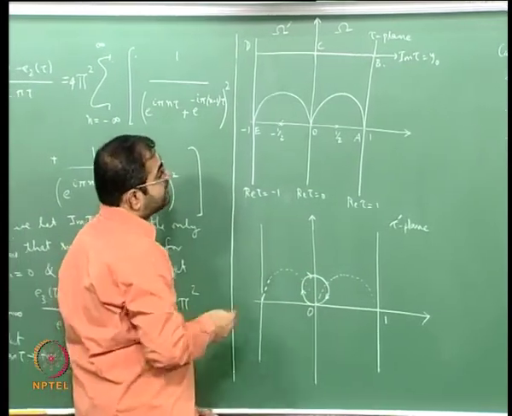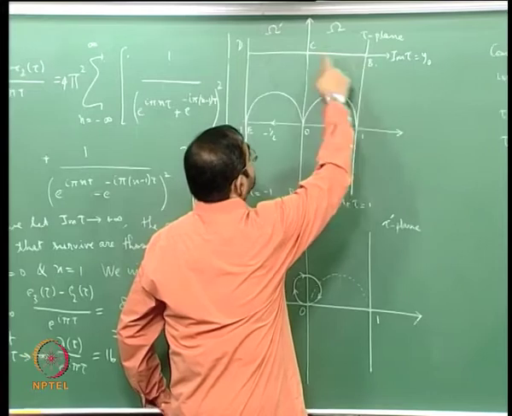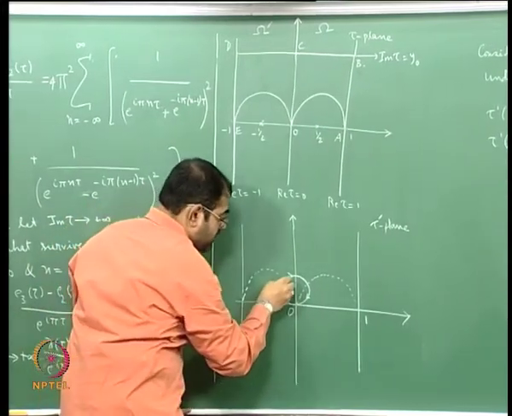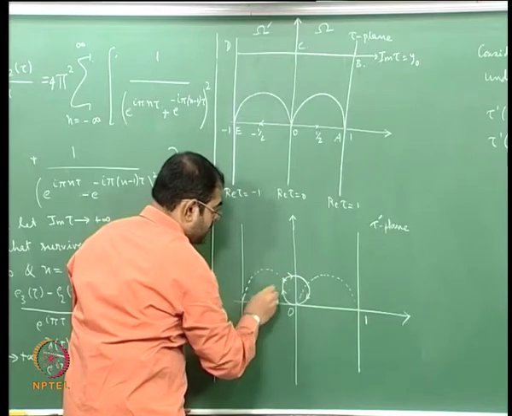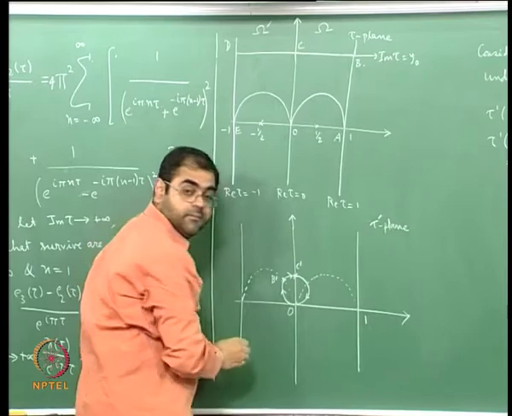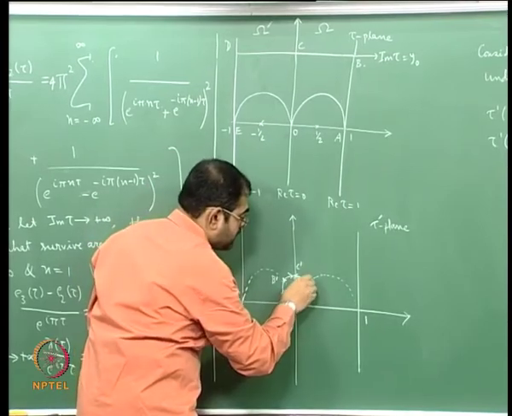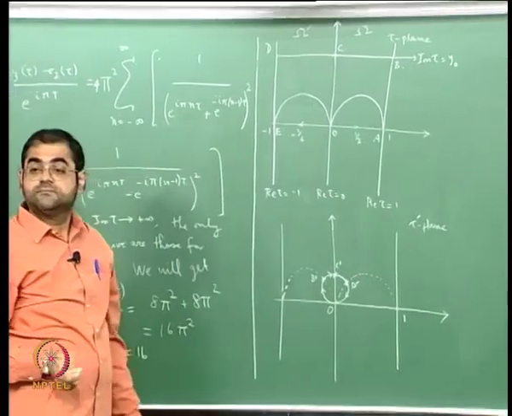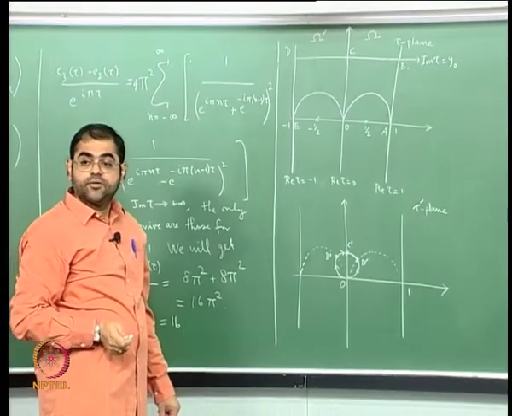And in fact, B, C, D will go to these 3 points. So this will be B prime, this will be C prime, and this will be D prime. This is what you will get, okay.